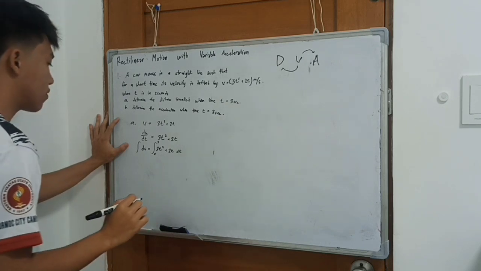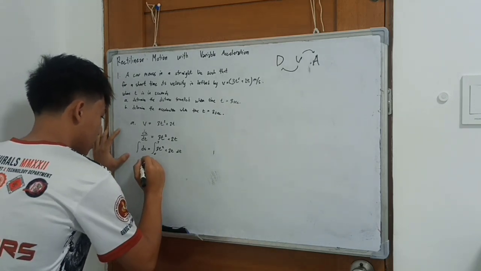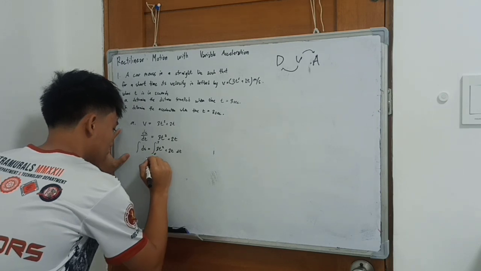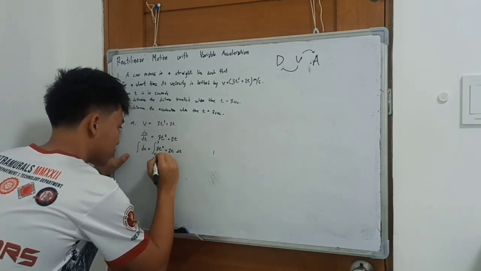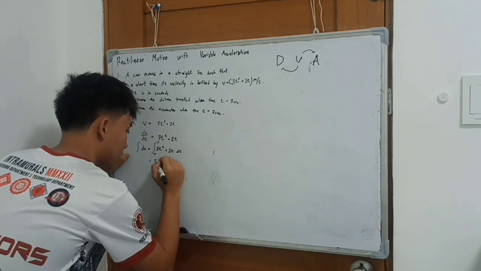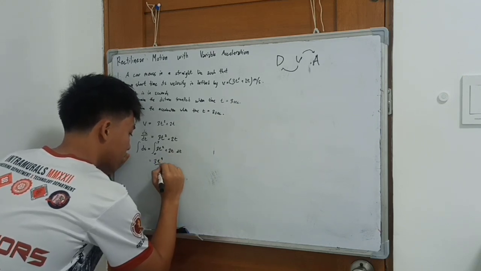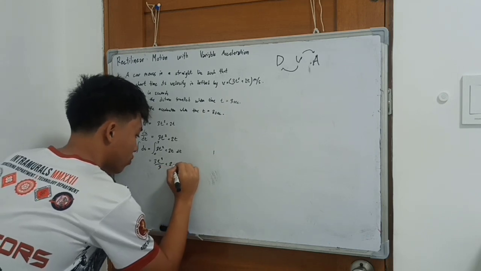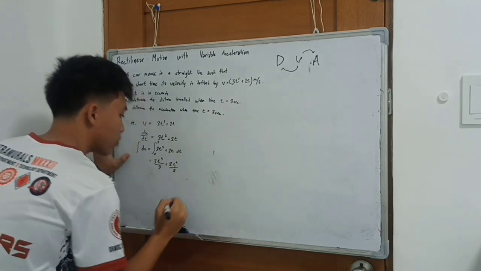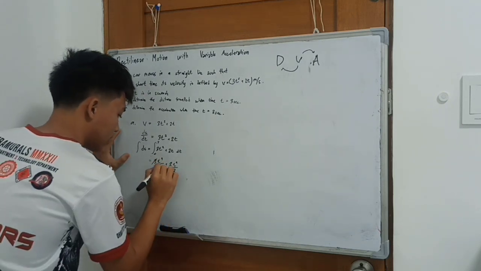So we integrate this: t cubed over 3 times 3, plus 2t squared over 2, the 2s cancel.